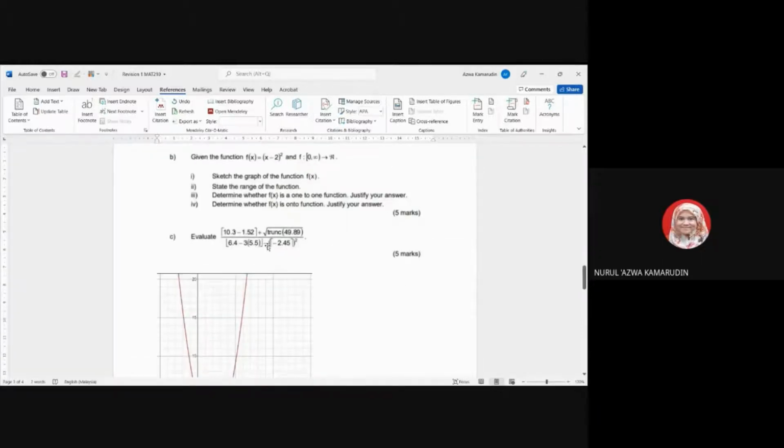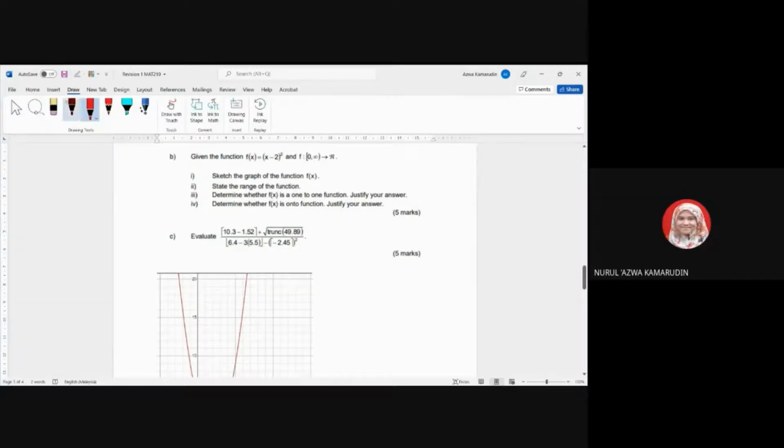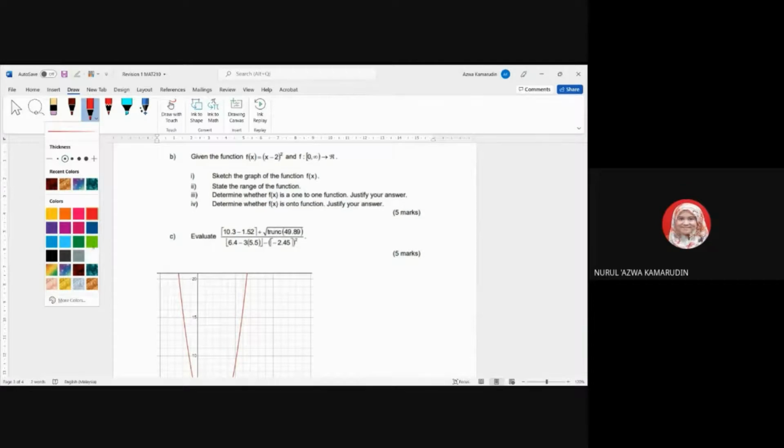Okay, jadi whenever you want to sketch the graph, you kena tengok juga dia punya domain dia. Okay, so that you know that graph tu betul lah, sebab nanti dia akan tanya whether it is one to one ataupun nanti on to.